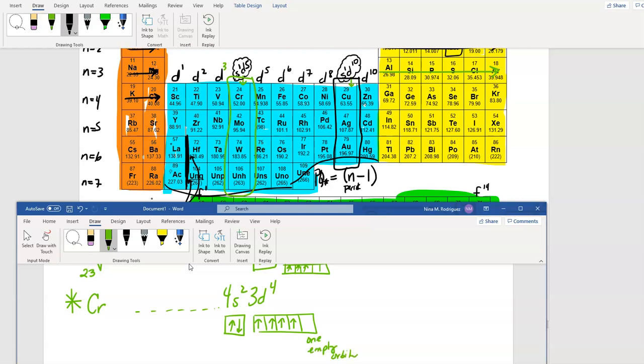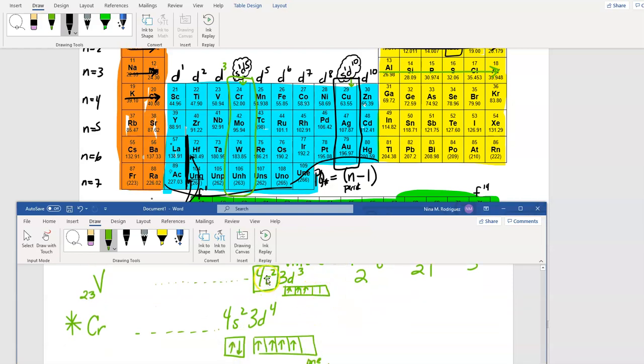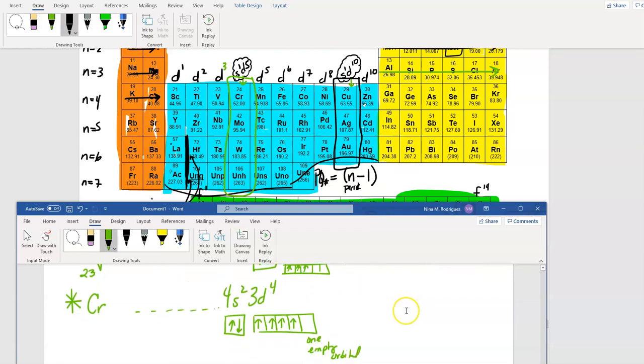I want it to be filled so that I have at least 1 in each one. And it doesn't do this with vanadium. That's why I did vanadium. It doesn't do it because he's like, look, I'd have to take 2 of your electrons to fill it up. I can't do that. But maybe I could take 1.